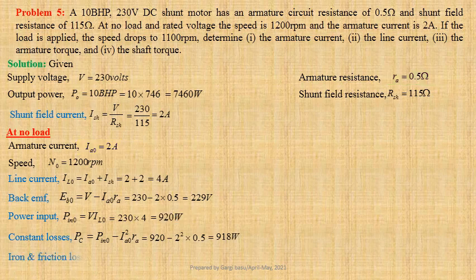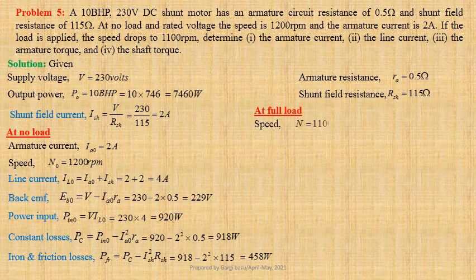Iron and friction losses PFR equals PC minus ISH squared times RSH. Using values, we get 918 minus 2 square into 115, that gives us 458 watts. At full load condition, speed of the motor N equals 1100 rpm.